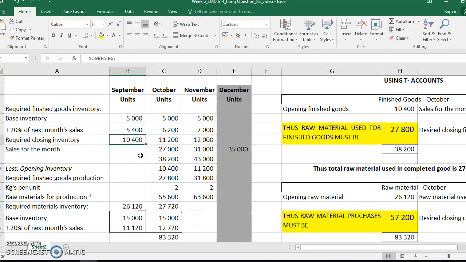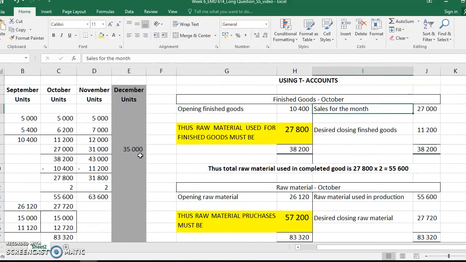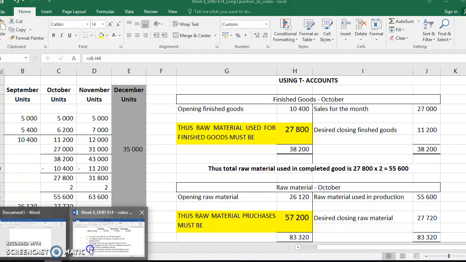Those two added together give us the opening balance of finished goods, which means that in total we need 27,800 units for finished goods.